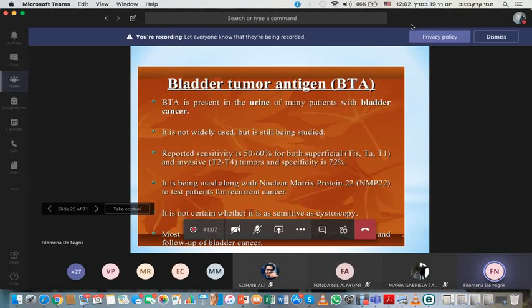It is very sensitive, but is only present in 50-60% of patients. We can monitor it in urine. We don't need blood, and the examination is by ELISA. Probably everybody knows it is a system to monitor with a specific antibody the presence of a protein.